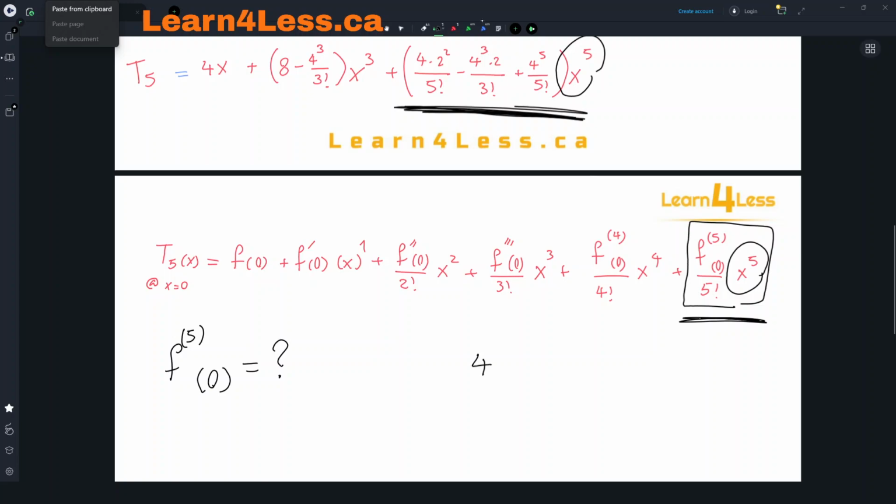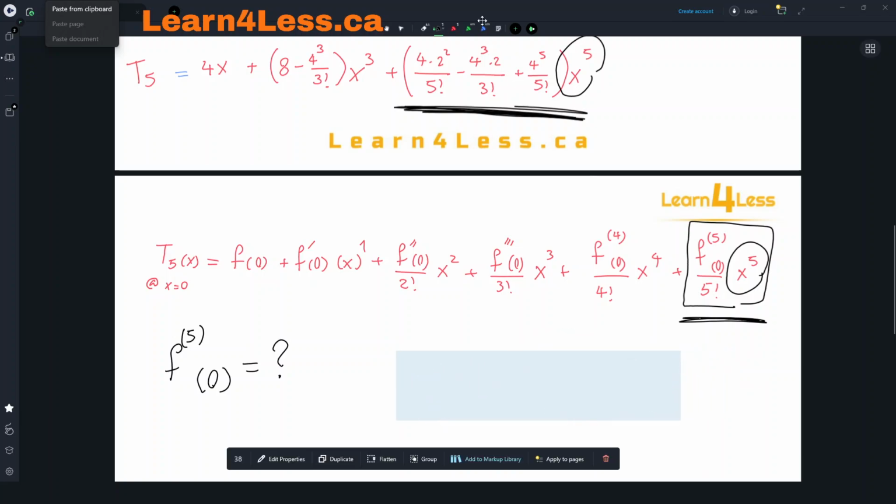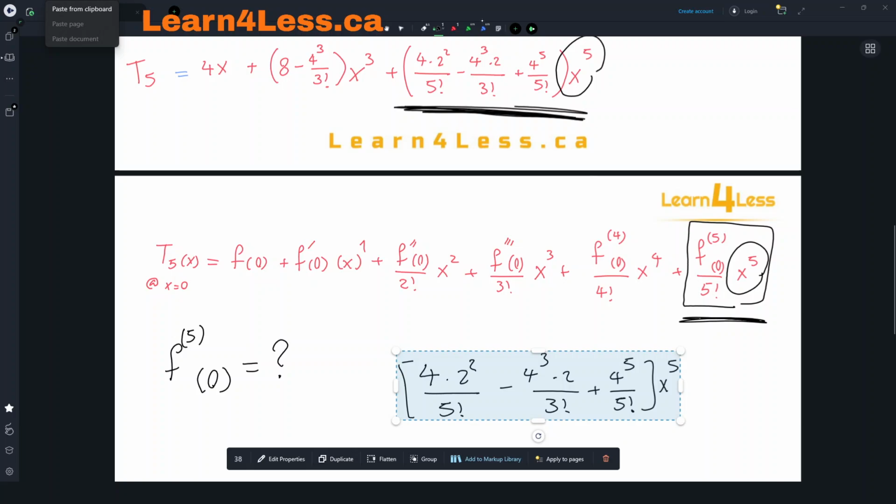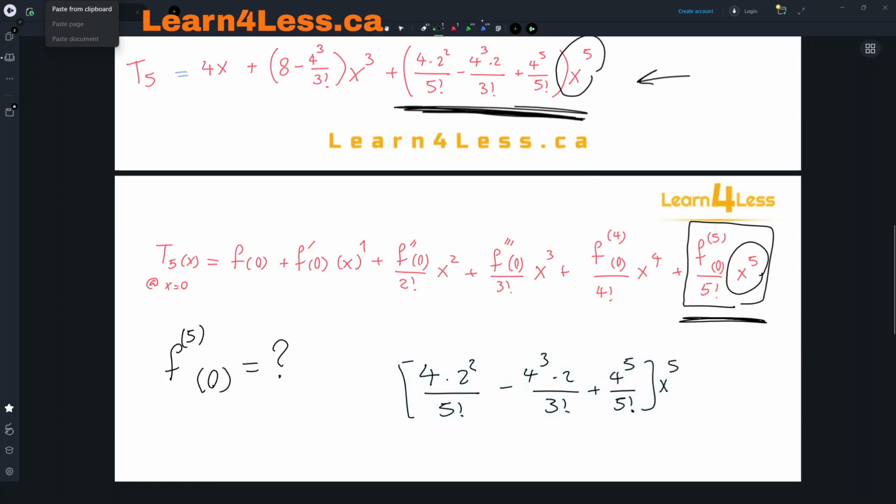So I just write 4 times 2 squared over 5 factorial minus 4 cubed times 2 over 3 factorial plus 4 to the power of 5 over 5 factorial, times x to the power of 5. This is what I get from the T5 that we evaluated there.